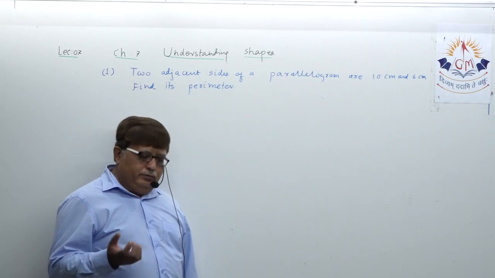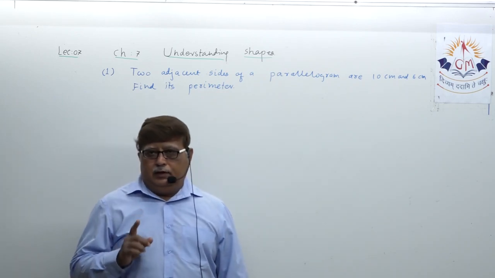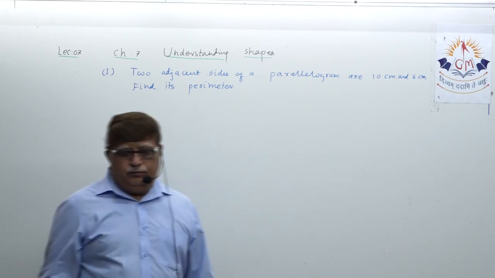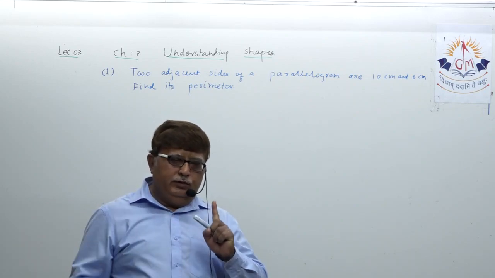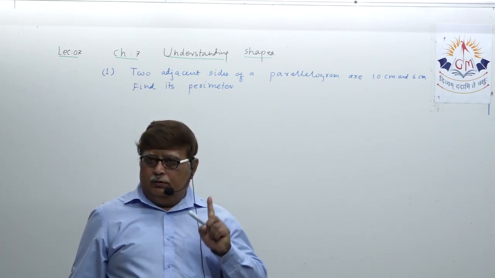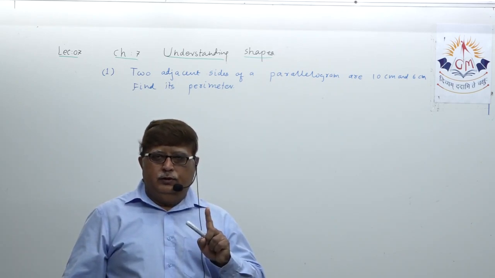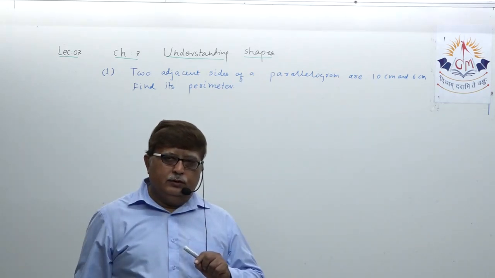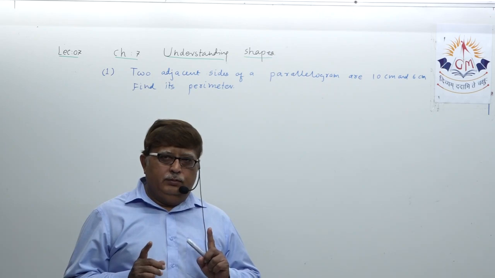Before I start explaining this sum, how many properties of parallelogram do you know? Can you speak the first? You are at home, but when I speak, you can speak with me. First, opposite sides are congruent. Second, opposite angles are congruent. Third, diagonals bisect parallelogram.